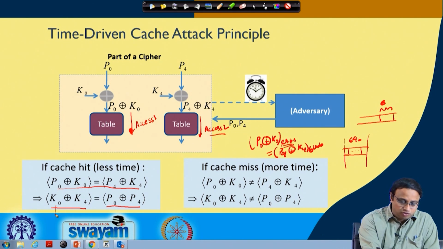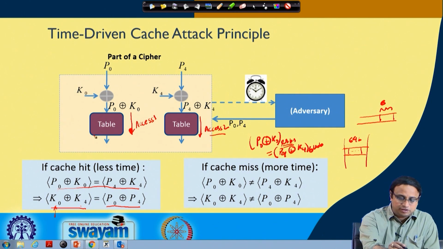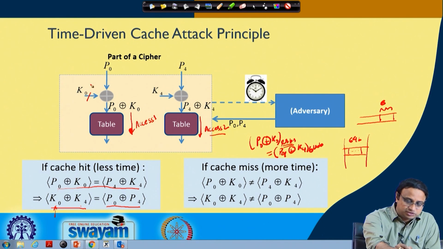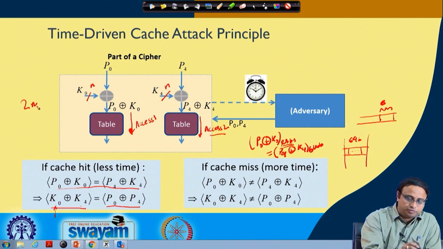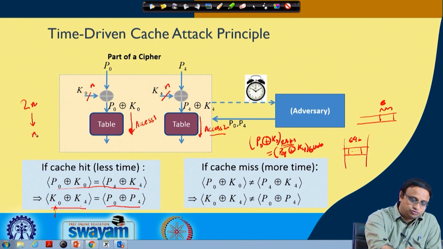That means if I have knowledge of K0, then I know the value of K4. So if we assume that the entropy of K0 was initially n bits and the entropy of K4 was also n bits, initially we are at 2n bits of entropy. Now because of this information leakage, this suddenly shrinks to n.